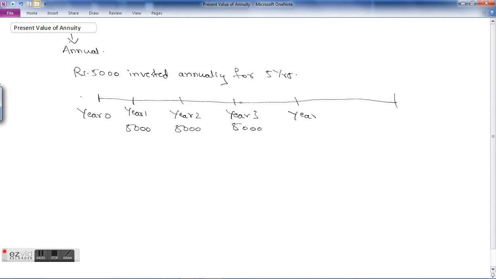Year 4, 5,000 is invested, and year 5, 5,000 is invested. This is either year 0 or the beginning of year 1. All these are invested at the end of the year.